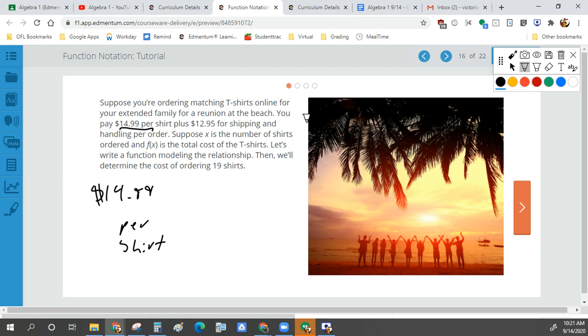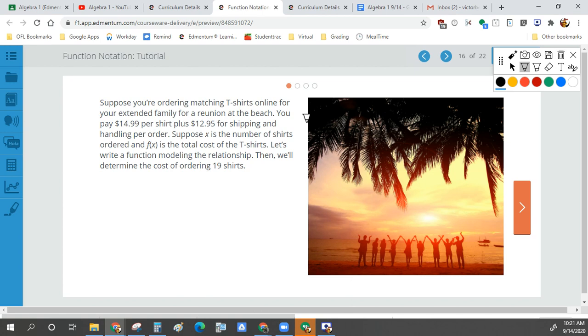So it's going to cost that much, and plus that much for shipping. And I guess the shipping is a one-time fee, per order. Okay, so it's per order. So they're saying this graph represents how much it costs in an order, depending on our x input.